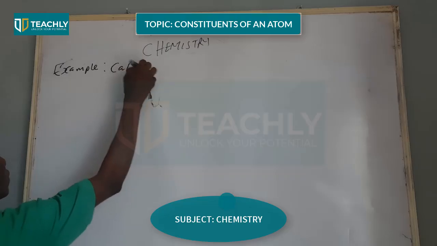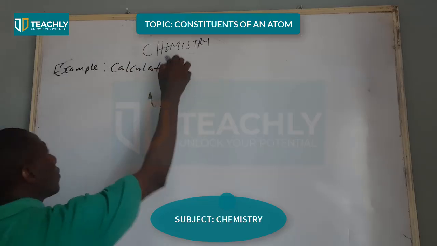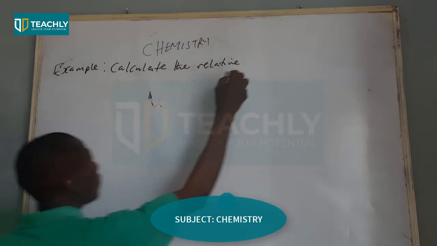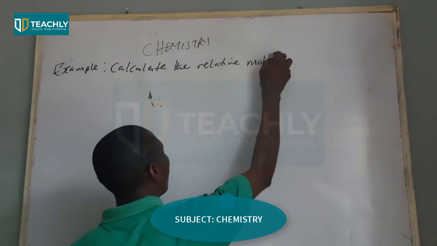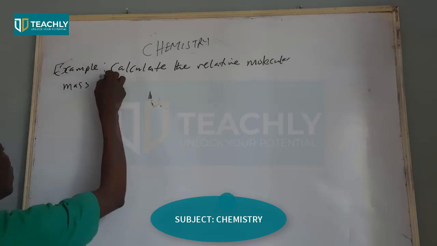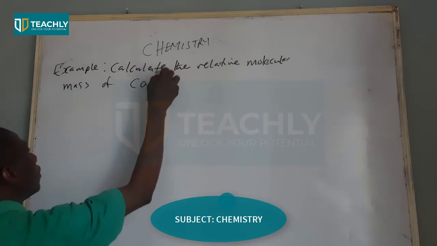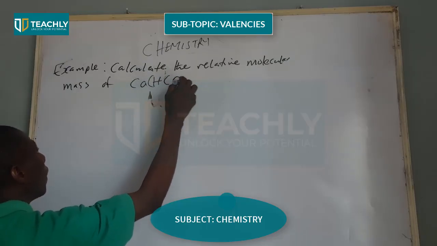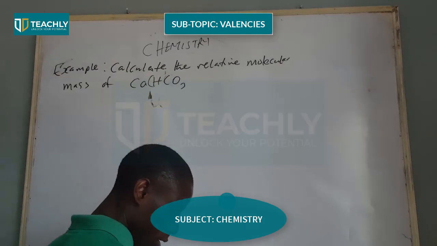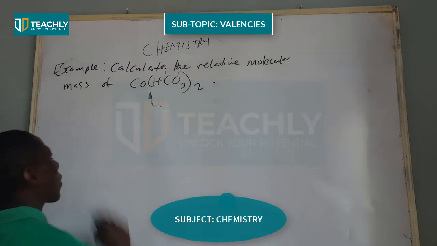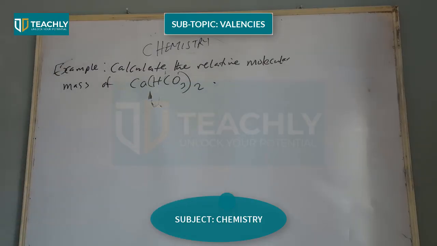Calculate the relative molecular mass of Ca(HCO3)2, calcium hydrogen trioxocarbonate(IV).